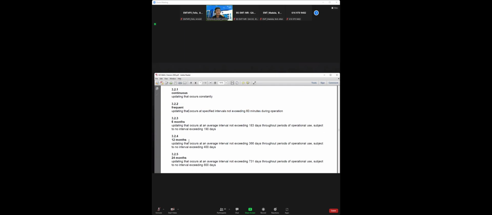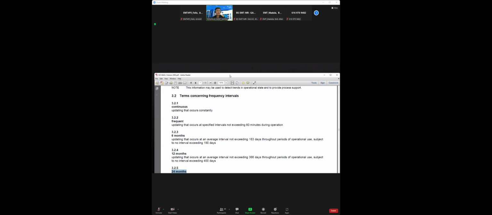And if we have an average interval not exceeding 183 days throughout the periods of operational use, and with no interval exceeding 190 days, that is the ISO 5 maximum time interval of 6 months, as well as the 12 months and so on, 24 months also. Those are the terms concerning frequency intervals.